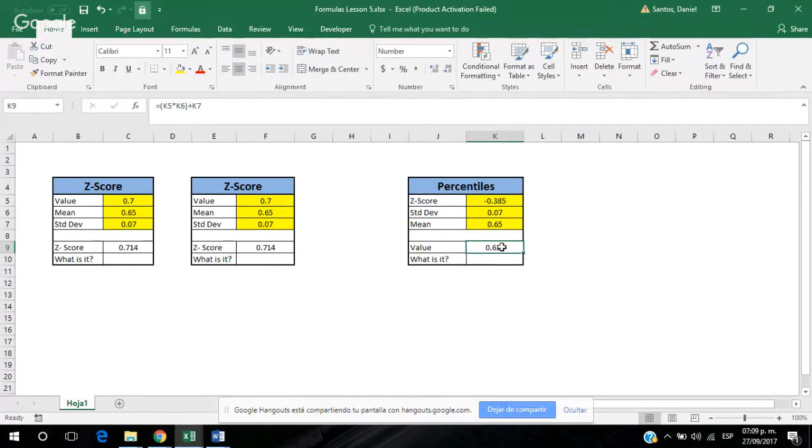I got this formula by multiplying the z-score times the standard deviation, and then I add the mean. I got this formula by changing the original formula.